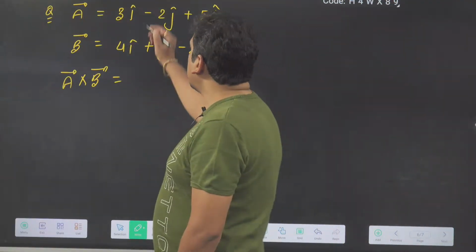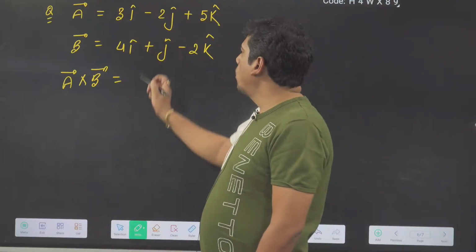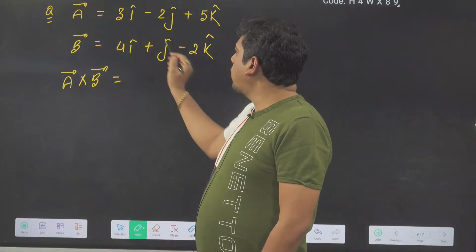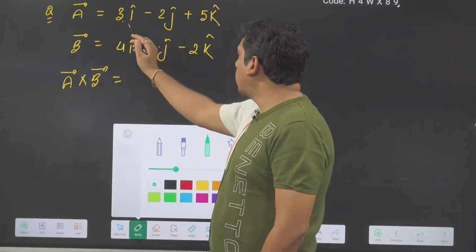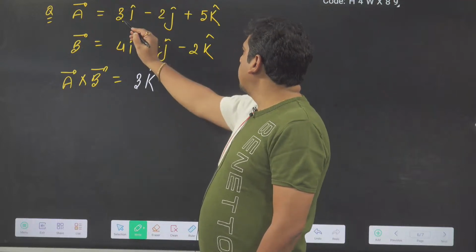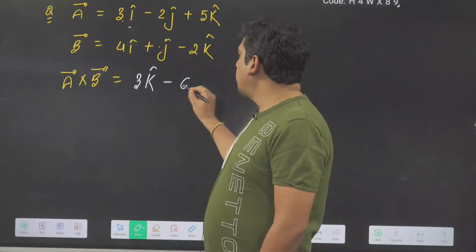So A cross B, bhai, then I cross I will be 0. Then I cross J, first of all 3 into 1 will be 3. I cross J will be K. 3 into minus 2 will be minus 6.